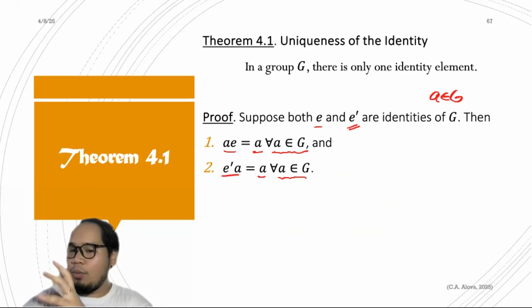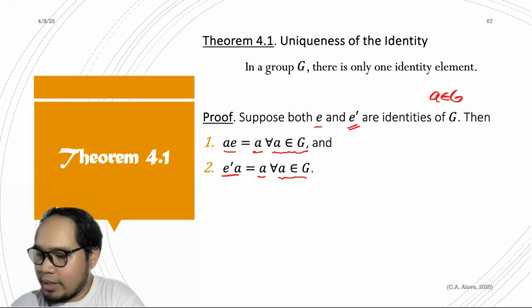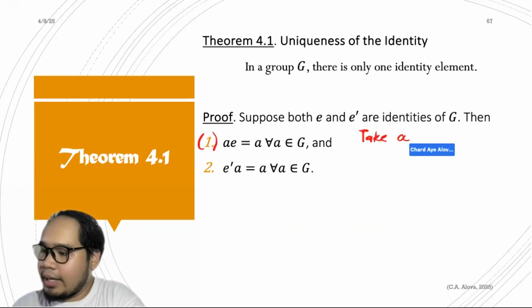Now, let us take statement one here. Let me clear out my writings. For statement one, let us say that A is equal to E prime.